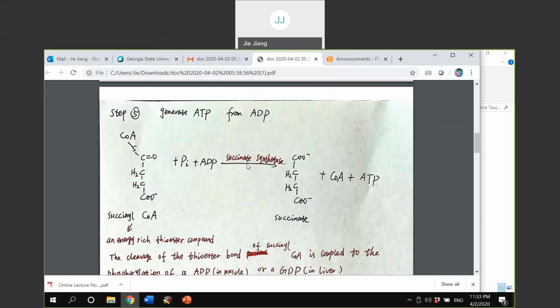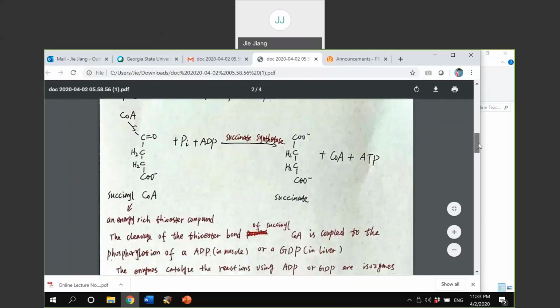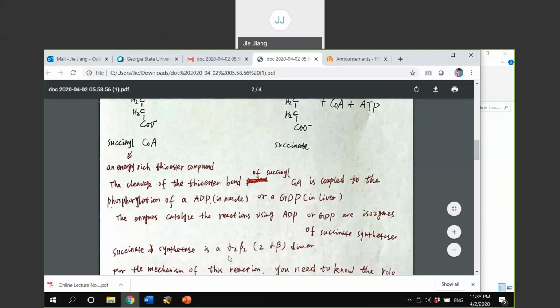This reaction is catalyzed by succinyl-CoA synthetase. Succinyl-CoA synthetase is a dimer. It contains 2 alpha-beta subunits.